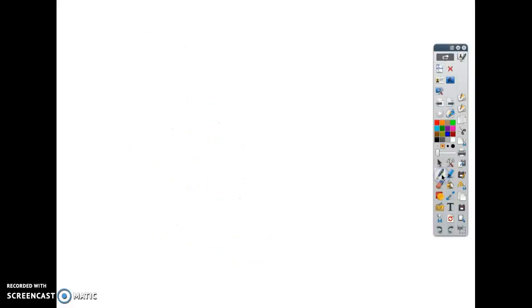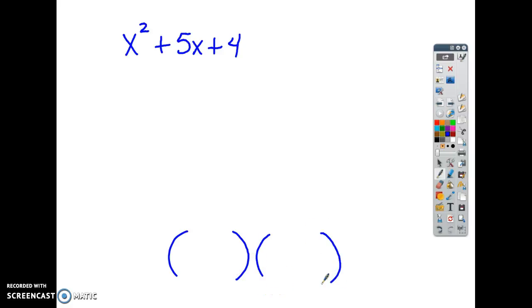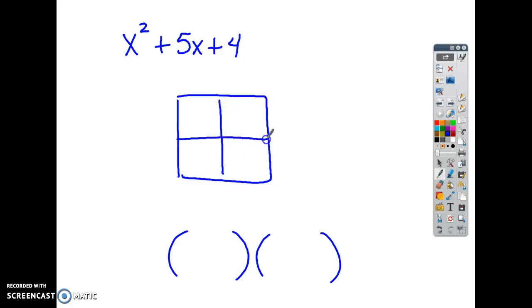So if you have x squared plus 5x plus 4, and you want to work backwards and get the factors, then you do the box again. But now you're looking for the outside stuff. So fill in the inside, that's x squared and positive 4. And these diagonals should add up to positive 5.